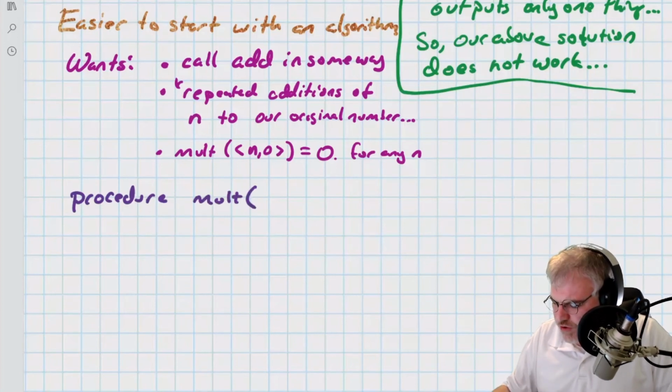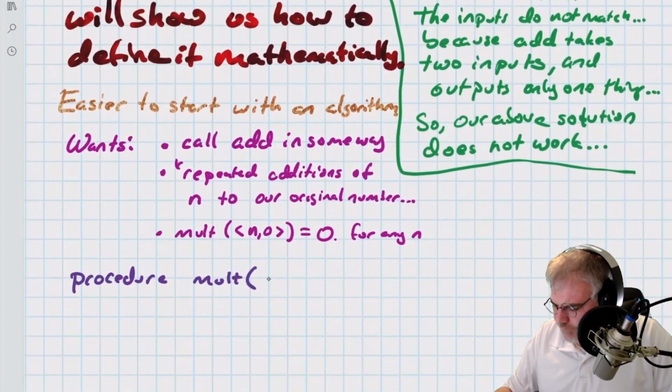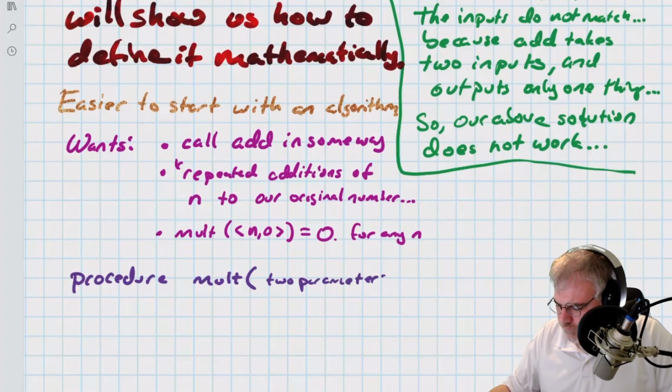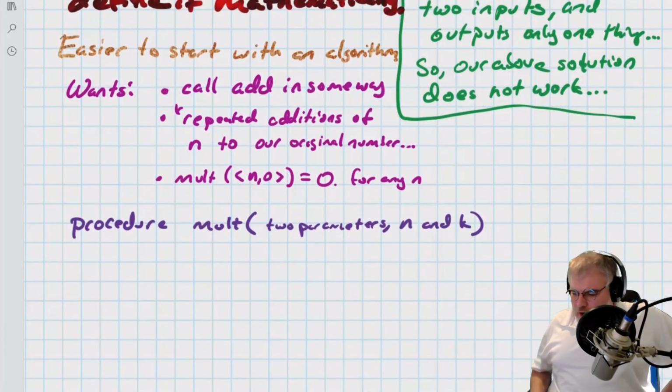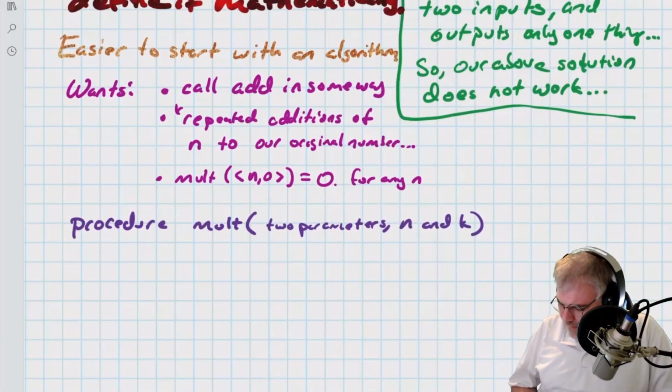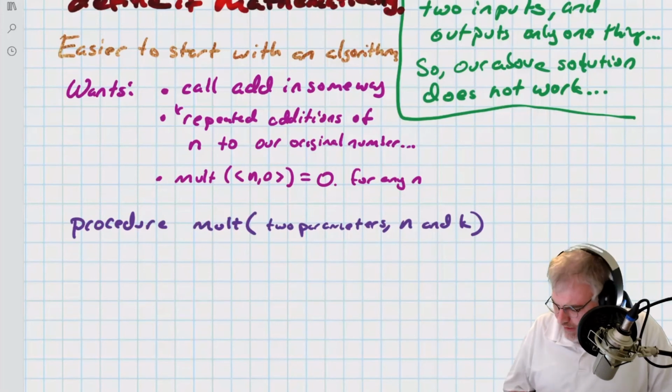We want it to take two parameters, n and k, both natural numbers. Now, if we take n and then add n to it, what would we like this loop to do?